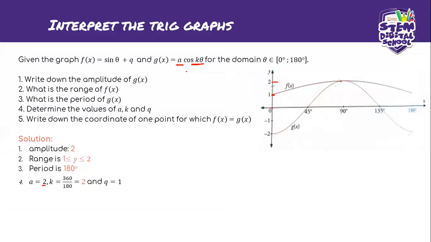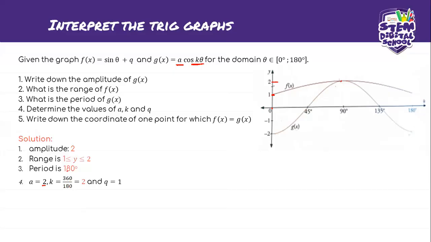Now, we can see this graph of g of x. We have obtained the period. We said the period of g of x is equal to 180, right? It's 180 in this case. Now, how do we get the value of k? We take the original period of the cosine graph divided by the period that we are having.